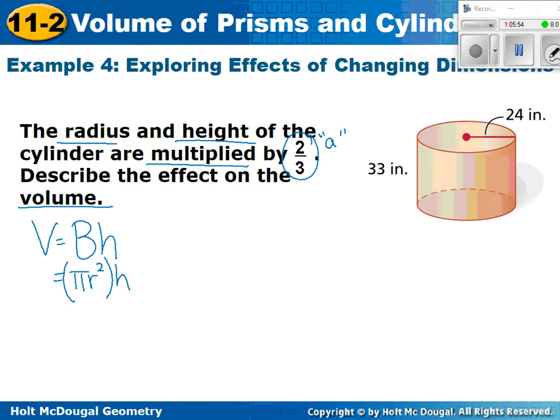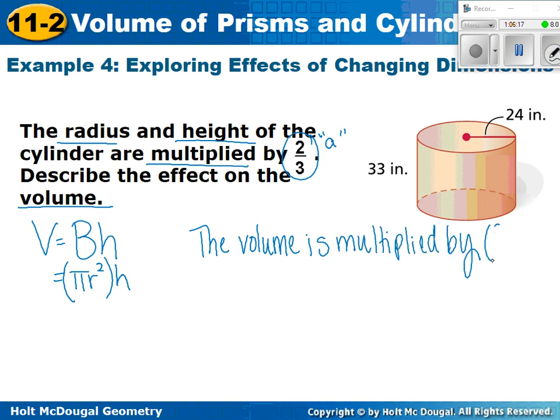It should be multiplied by 2/3 cubed. And you need to physically do 2/3 cubed. Don't write your answer as the volume is multiplied by 2/3 cubed. Cube it. It has to be a complete sentence: the volume is multiplied by, and then we will do 2/3 cubed. So go ahead and do that.